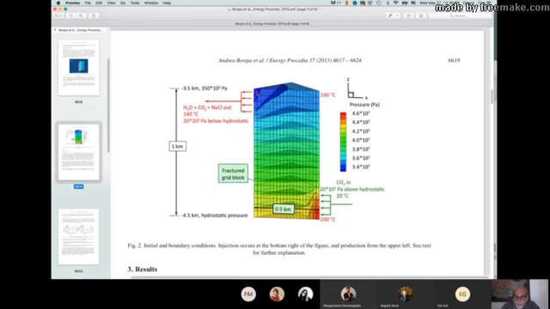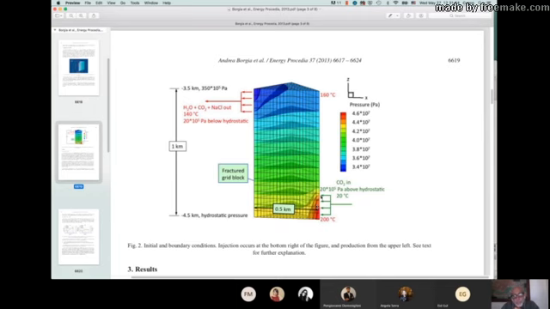You inject cold CO2 at 20 degrees centigrade, at 20 times 10 to the 5th Pascal, which is 2 megapascal above hydrostatic.